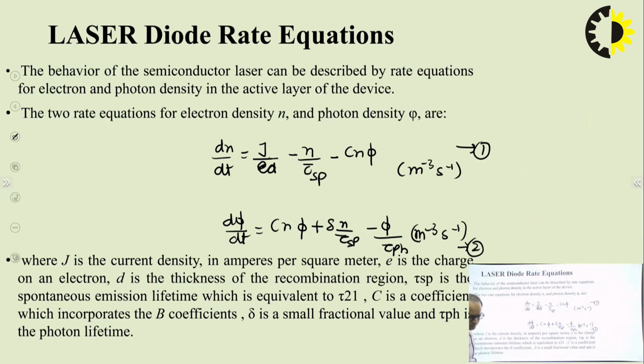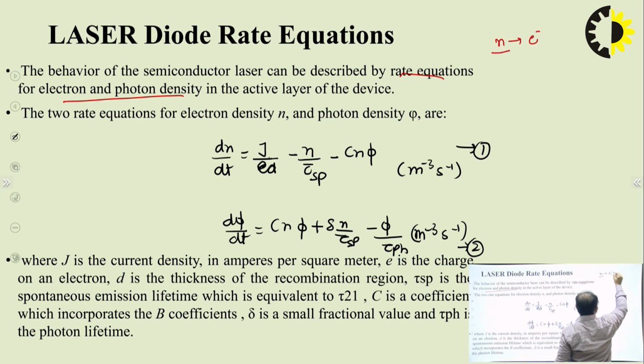Now see, the behavior of the semiconductor laser can be described by the rate equations for the electron and photon density. Here the electron density is given by N, and phi is the photon density.